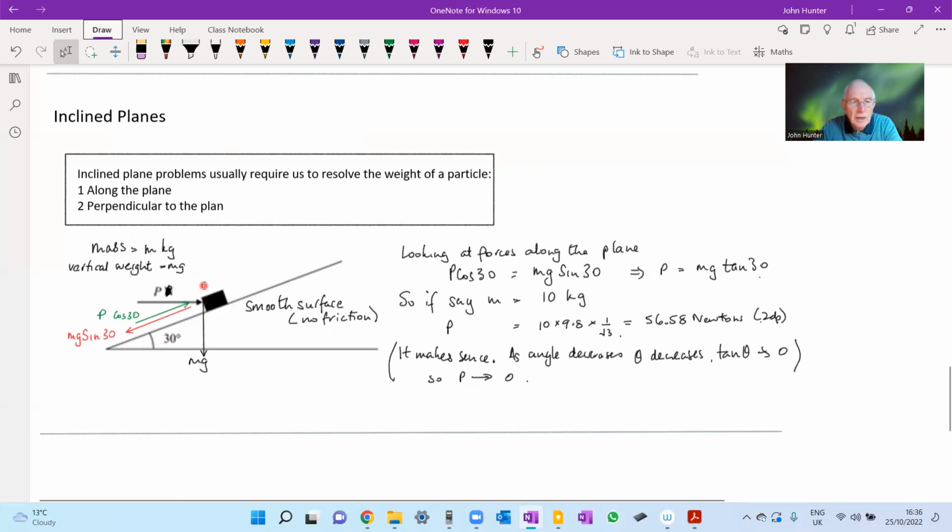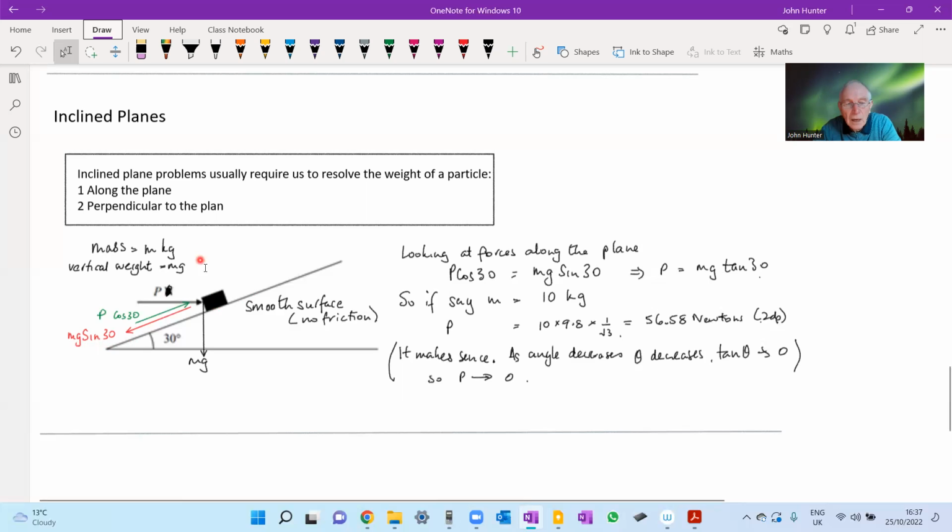So here we've got a mass of m kilograms. Its weight, vertical weight down here, is mg, mass times the gravitational constant, this being in newtons, of course. If we resolve that weight along the plane, we're going to get mg sine 30.